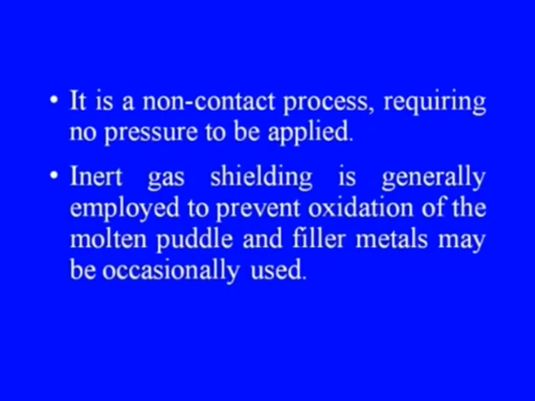Inert gas shielding is generally employed to prevent oxidation of the molten pool, and filler metals may occasionally be used. As we have already said, this is a thermal based process that causes the material to melt. Therefore, it is prone to oxidation if the environment is not controlled properly.